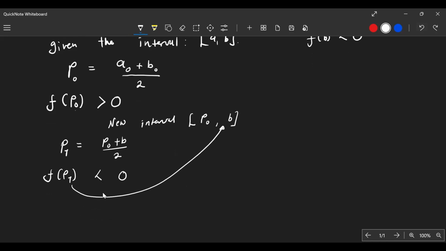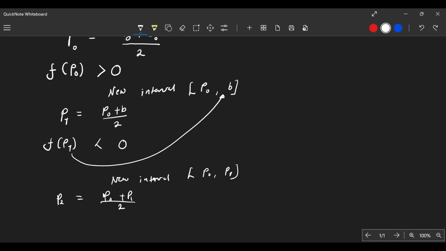So our new interval therefore becomes P naught, comma, P1. Next we're going to find P2. P2 will be equal to P naught plus P1 divided by 2. And again you test it, and so on and so forth.